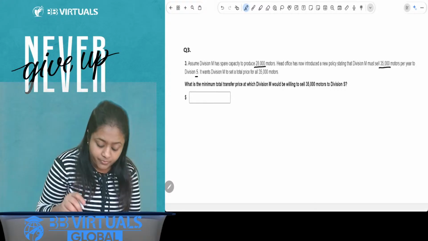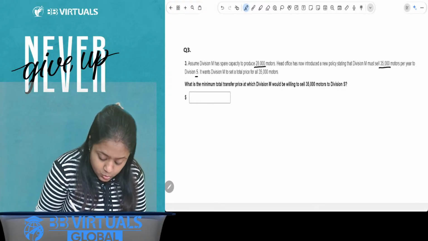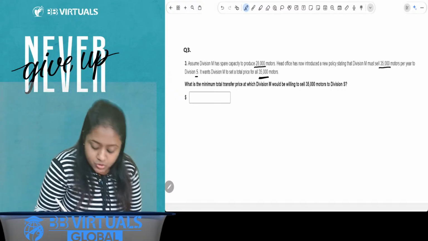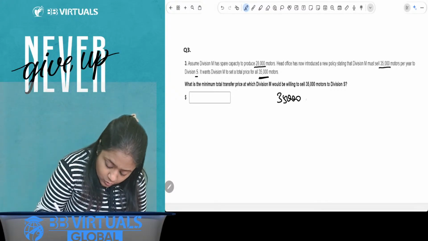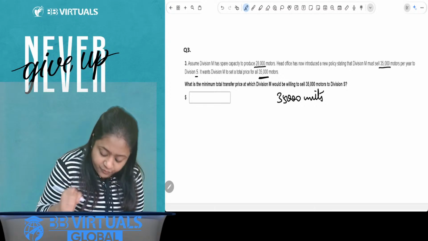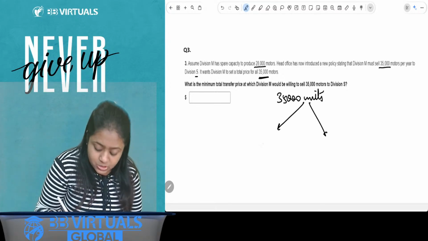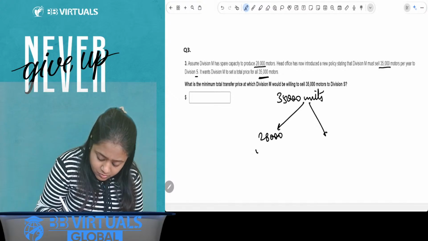So if it wants Division M to set a total price for all 35,000 units, now Division M will sell at a total price for 35,000 units. Now it has a spare capacity in this question for 28,000 units.